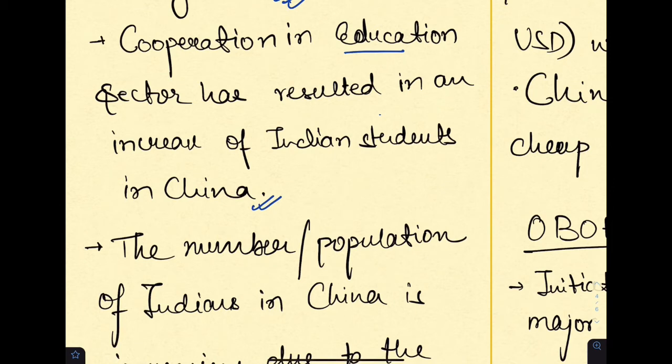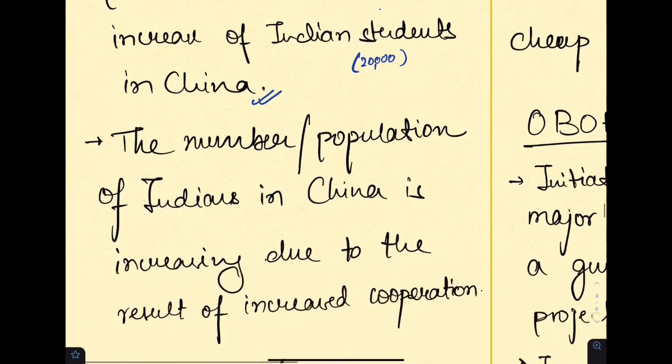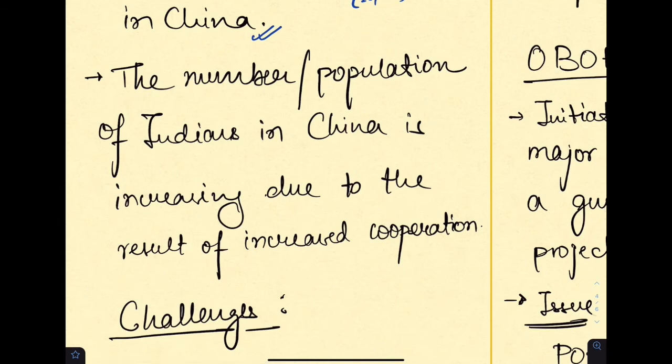I think around 20,000 students of Indian origin are studying in China currently. Again, the people to people interaction is important. The number of Indians in China has increased as a result of increased cooperation.